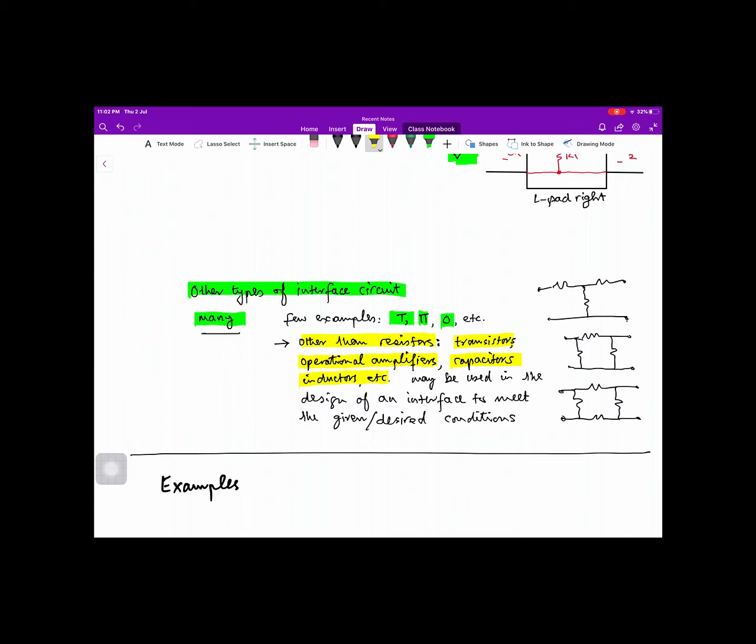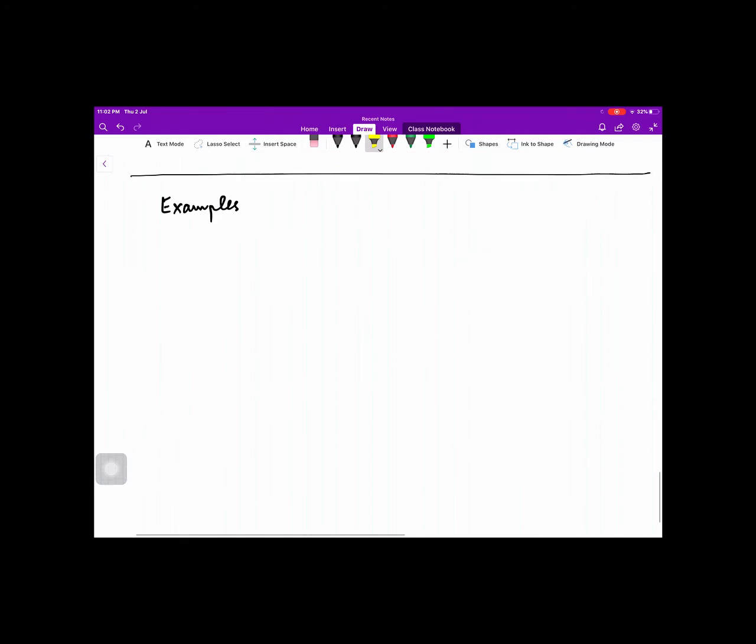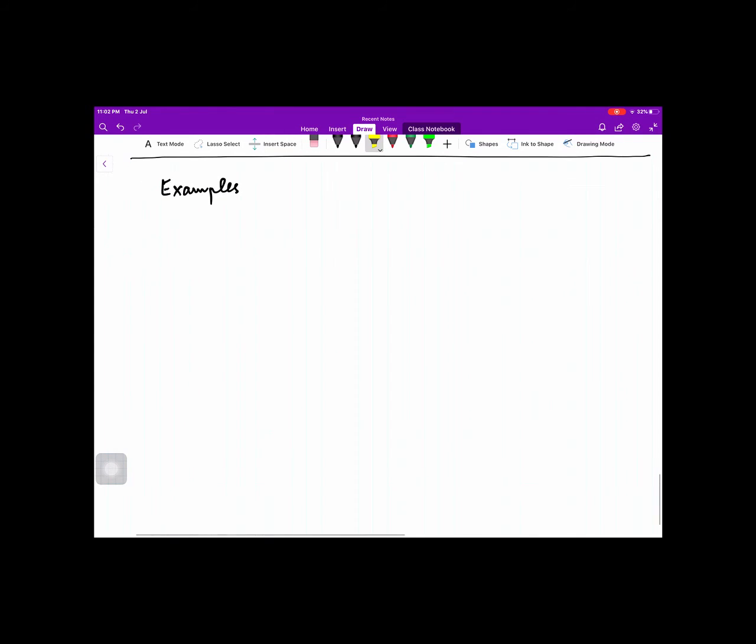Why do we design these interface circuits? To meet the given or desired conditions on the input voltage, on the input current, on the output voltage, and on the output current. So now I will present a few examples of each type of interface circuit design.